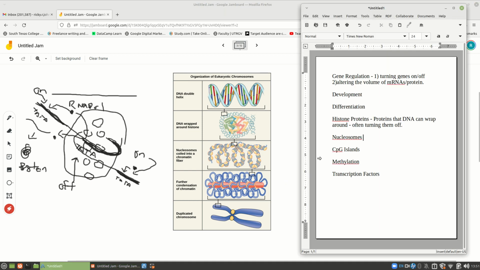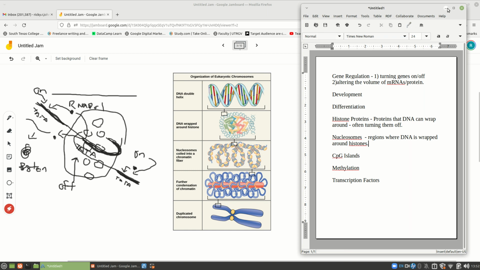All right, so let's see, nucleosomes, regions in the chromosome, I'll just skip that part, regions where DNA is wrapped around nucleosomes. Histones. All right, and so that's a nucleosome.